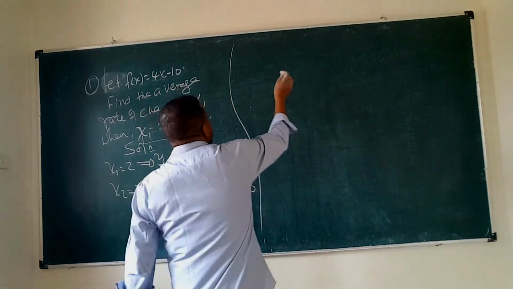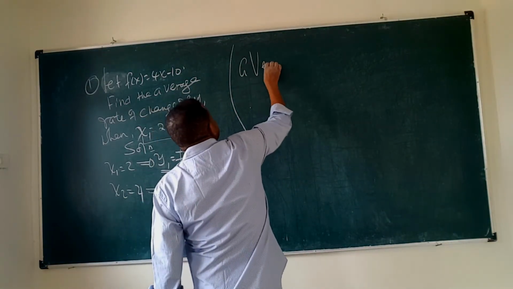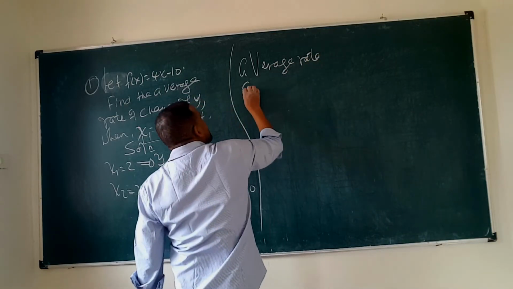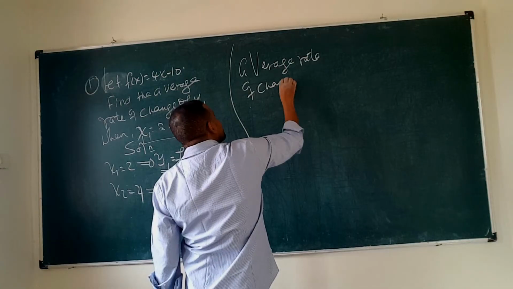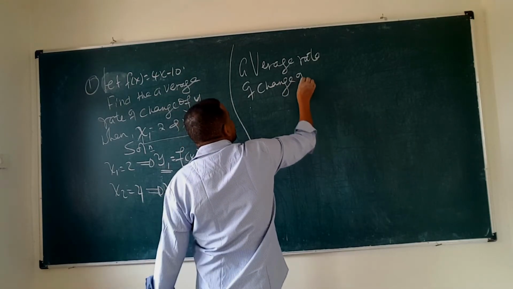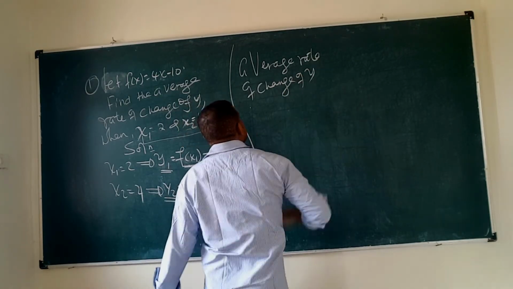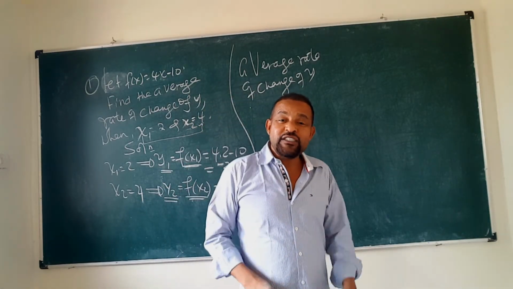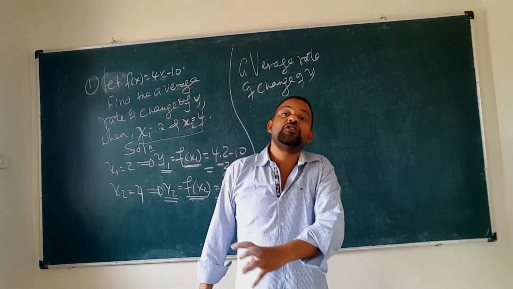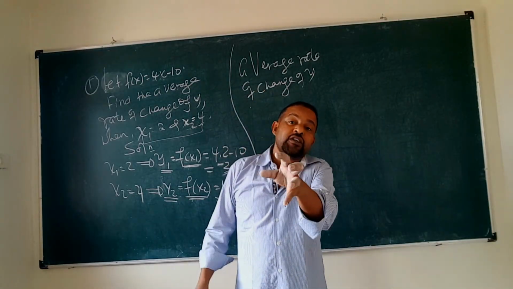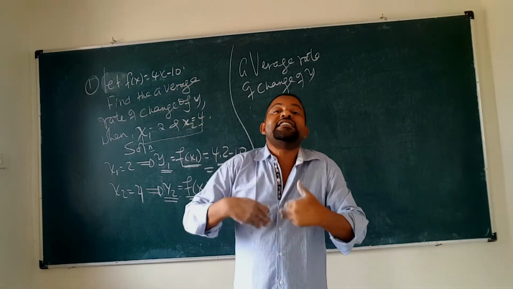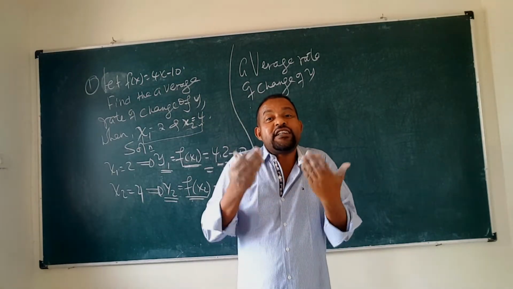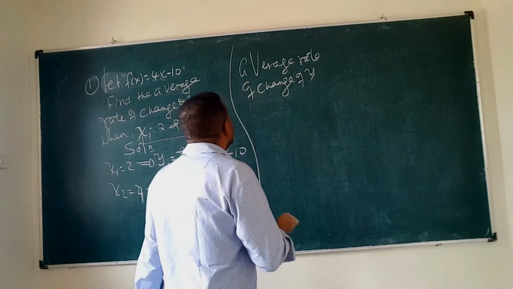So the average rate of change of f of x, y. That means, in other words, geometrically what did we say? Geometrically, the average rate of change of the function f of x on the interval a b is the slope of the secant line. Now we are going to find the slope of the secant line.